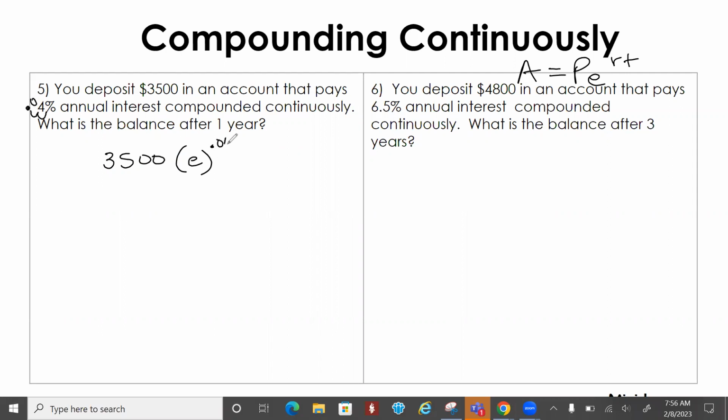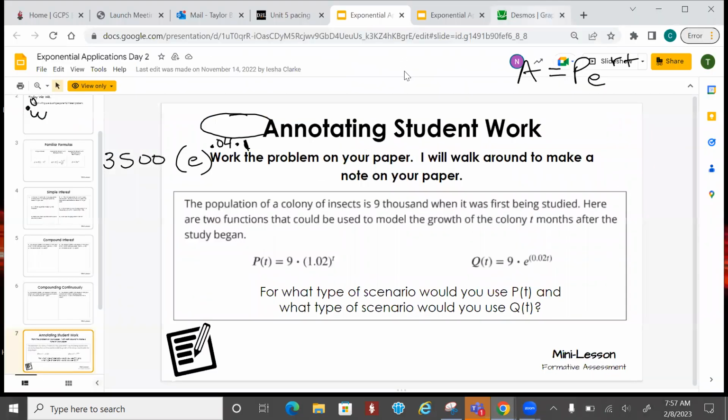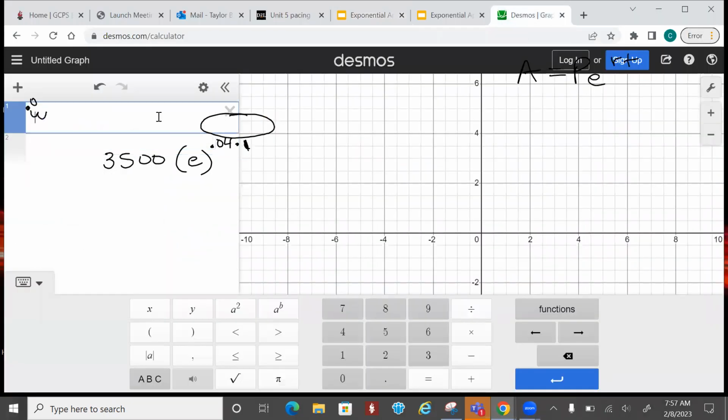So that's going to be 0.04, and it wants it after 1 year. So we're going to multiply it times 1. Okay, so we're going to go ahead and plug all of that in. We got 3,500 E raised to the 0.04 times 1.